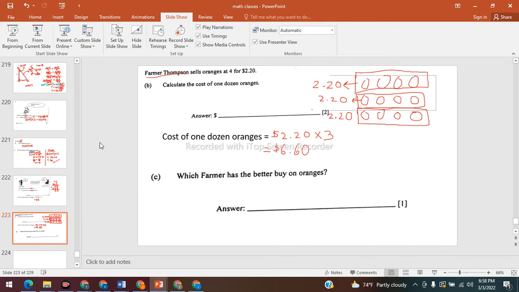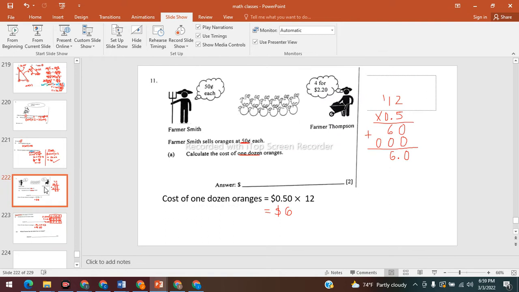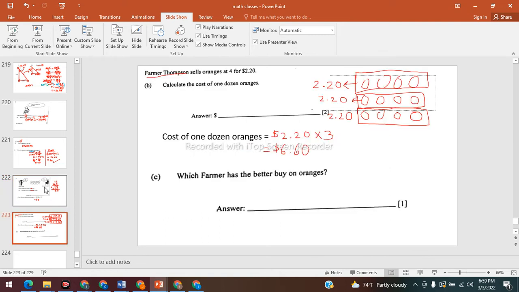Smith. Why? Because as you contrast the $6.60, it's 60 cents less, so it's Farmer Smith's. Definitely. So Farmer Smith's dozen is $6 and Farmer Thompson's dozen is $6.60.